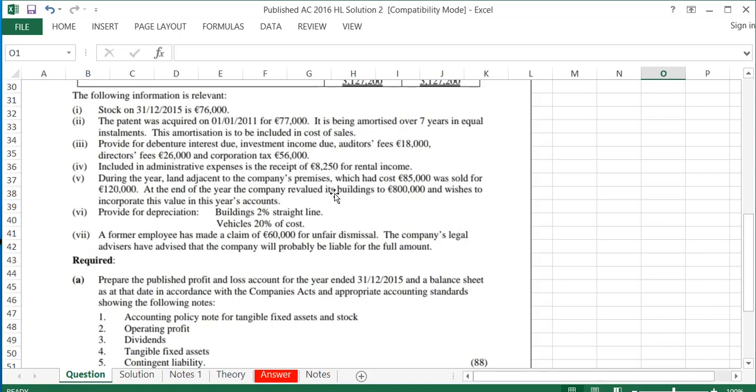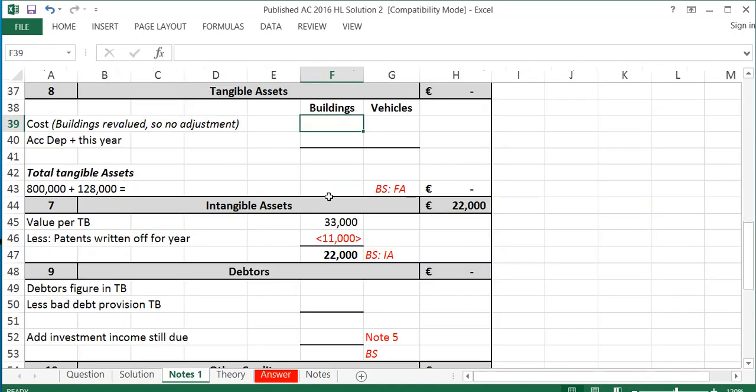At the end of the year, the company revalued its land and buildings to 800,000 and wishes to incorporate this value in the accounts. So if they're revalued at the very end of the year to 800,000, then they must be worth 800,000 at the end of the year. When you revalue land and buildings, you take out the depreciation, so the depreciation is going to be 0, which will leave me with a net book value of 800,000 at the end of the year.